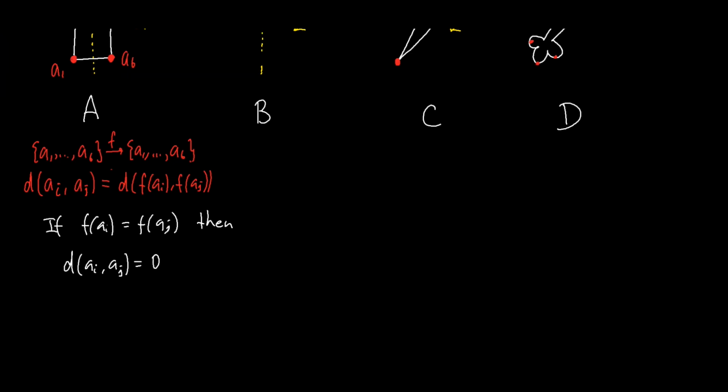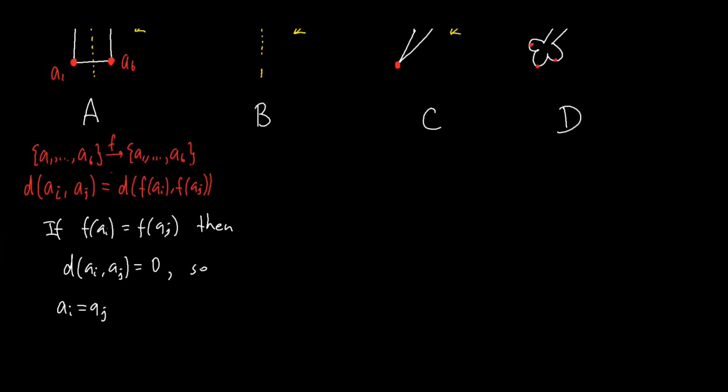The distance being 0 implies that ai equals aj, right? So a symmetry is always an injective function, or an injection.